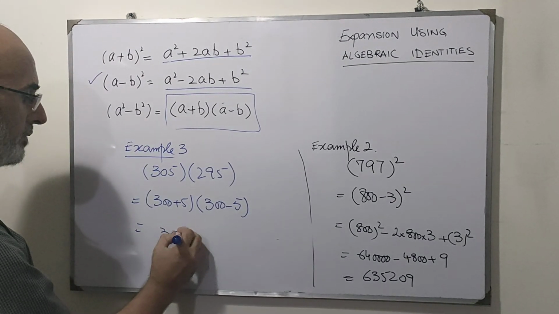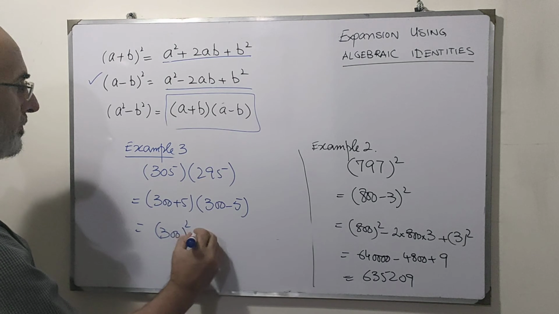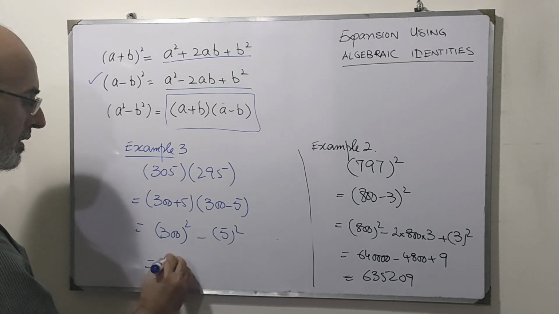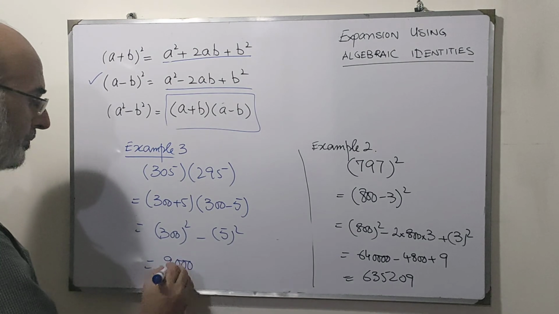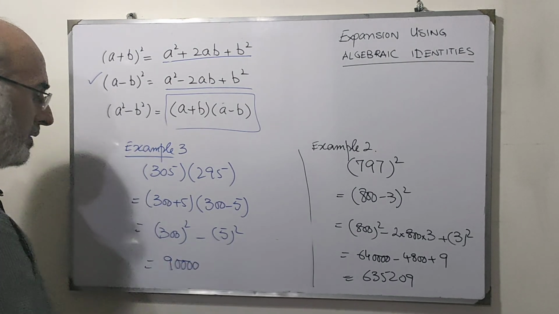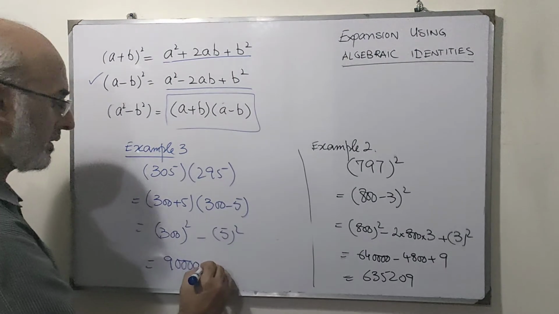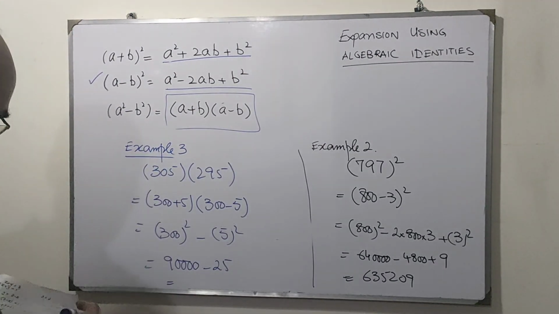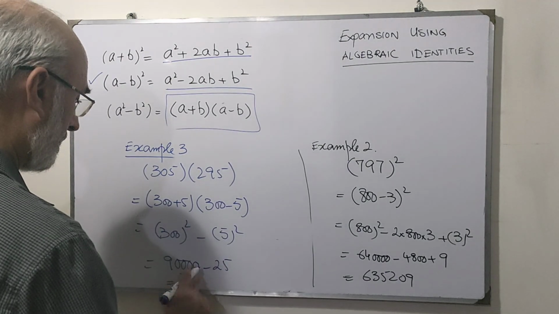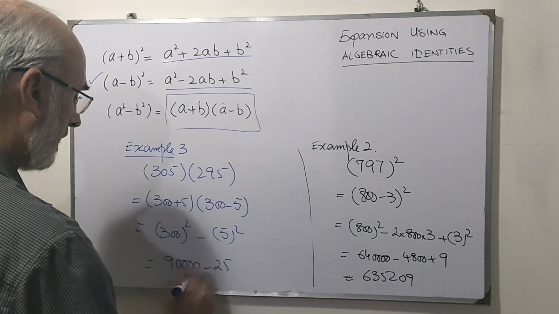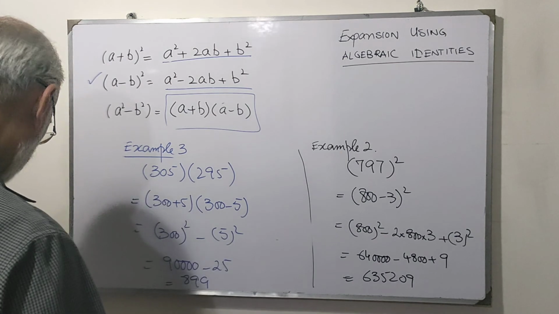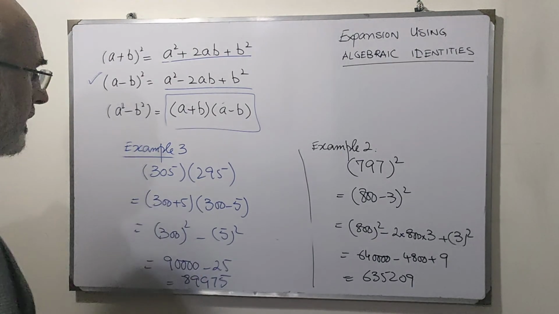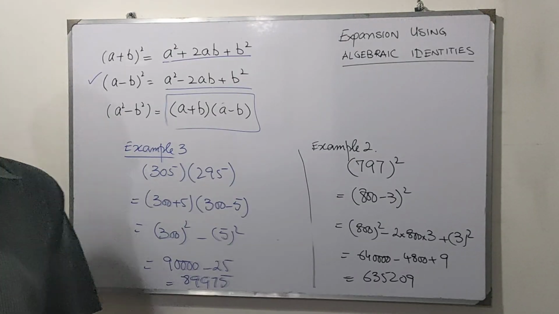So 300 square minus 5 square, so it is 90,000 minus 25, which is 89975. Okay, so it was easy.